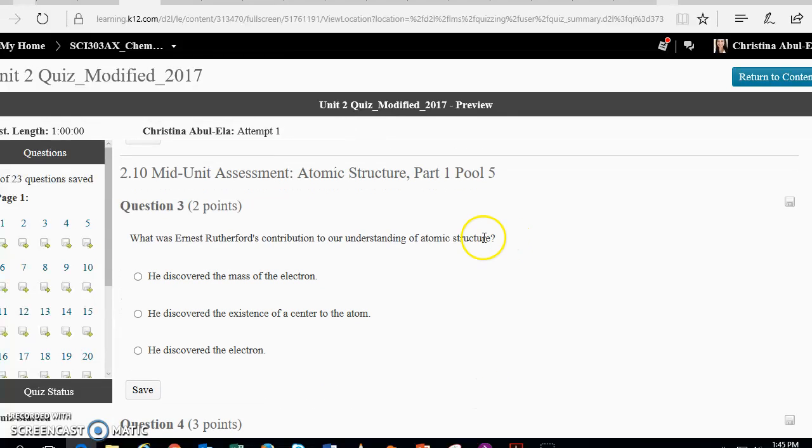Question 3. What was Ernest Rutherford's contribution to our understanding of atomic structure? He discovered the mass of the electron. He discovered the existence of a center to the atom. He discovered the electron.